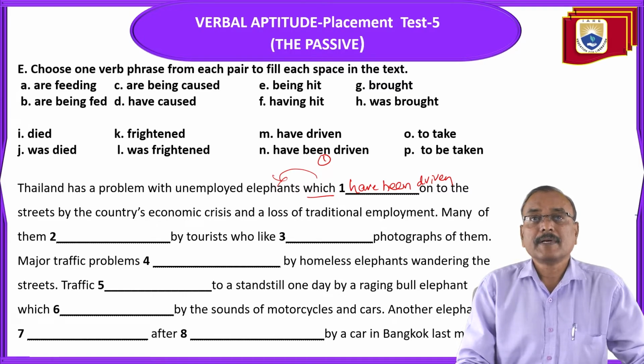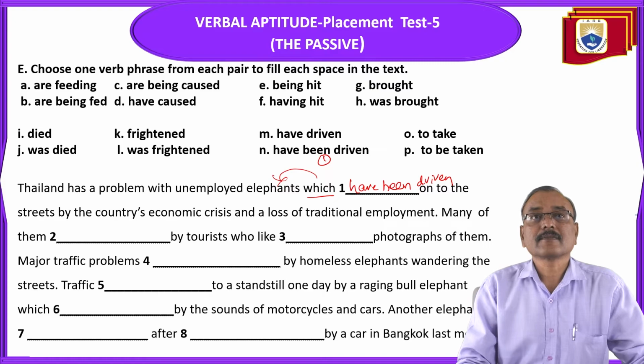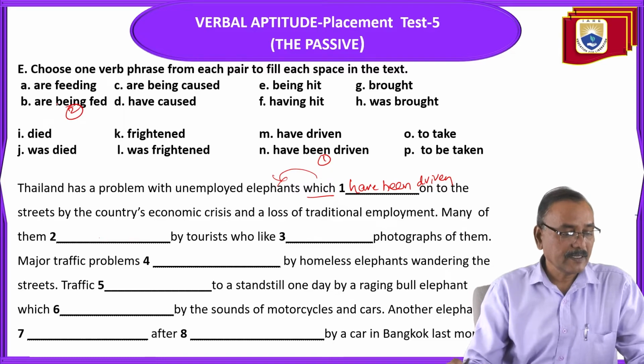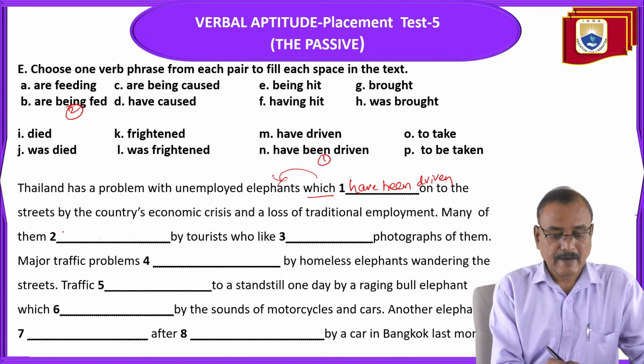Onto the streets by the country's economic crisis and a loss of traditional employment. Many of them by tourists. So many of them here, can you go with option B?